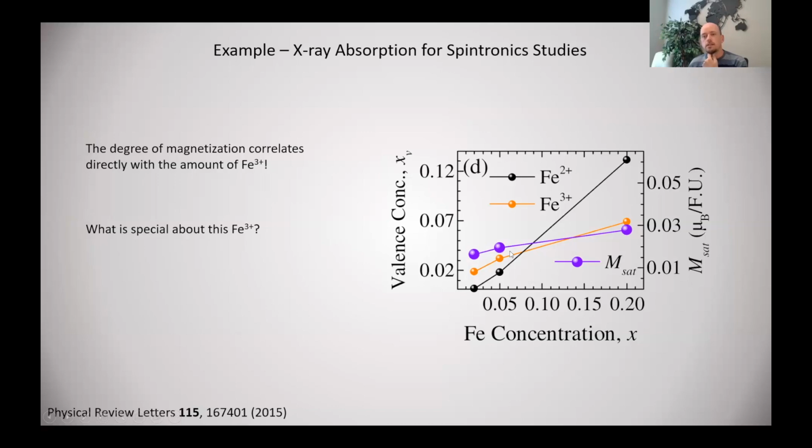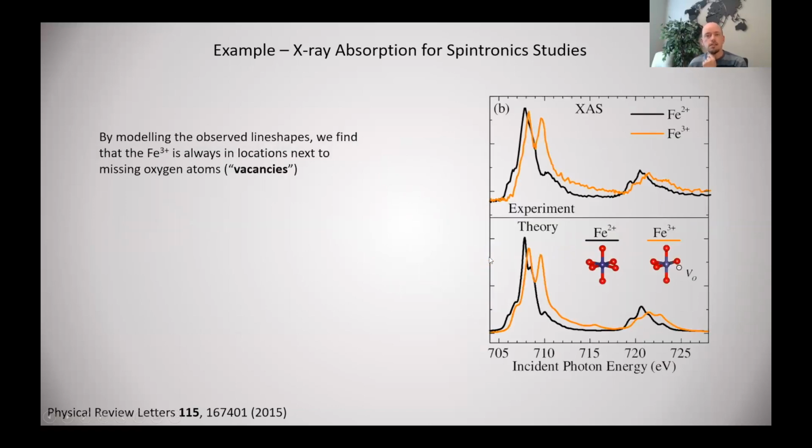And what we find is that the amount of iron 3+ correlates essentially directly with the degree of magnetization of the samples. So this is telling us that the magnetism is essentially due to the iron 3+, and then we ask ourselves, well, what is special about the iron 3+ that it's leading to the magnetism?